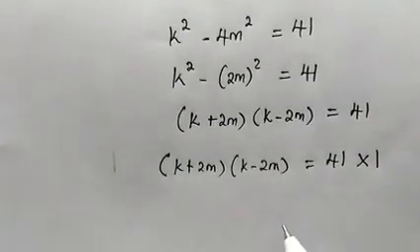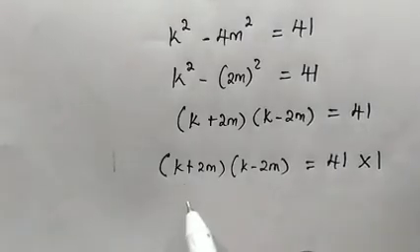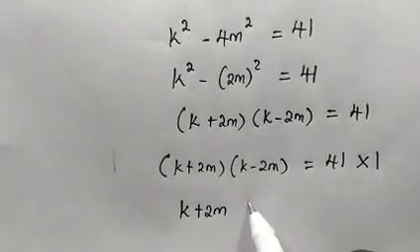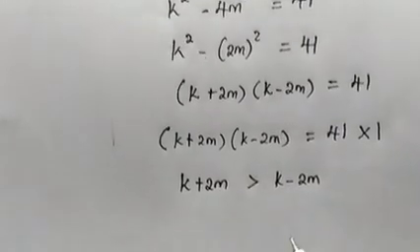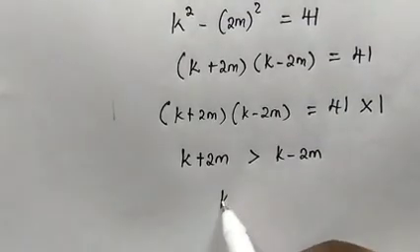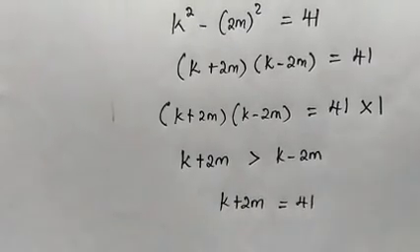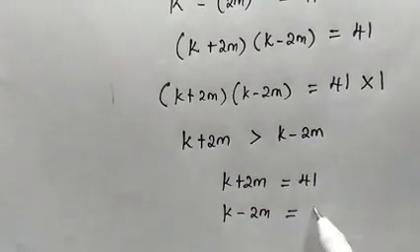For integers k and m, k plus 2m must be greater than k minus 2m. So now we have these two equations: k plus 2m is equal to 41 and k minus 2m is equal to 1.